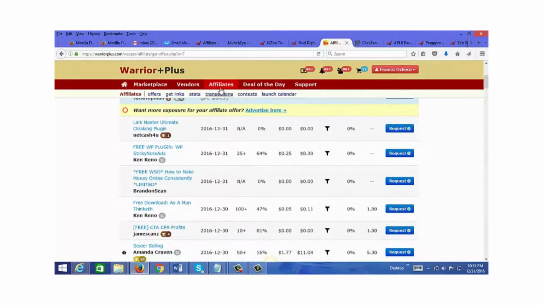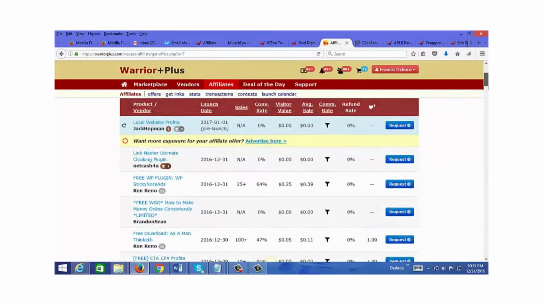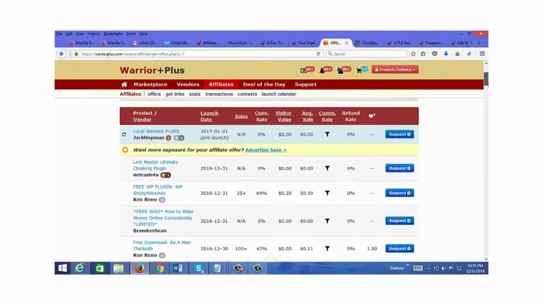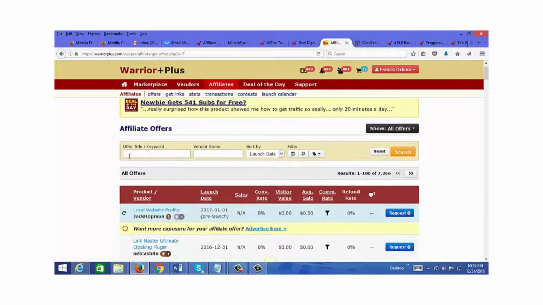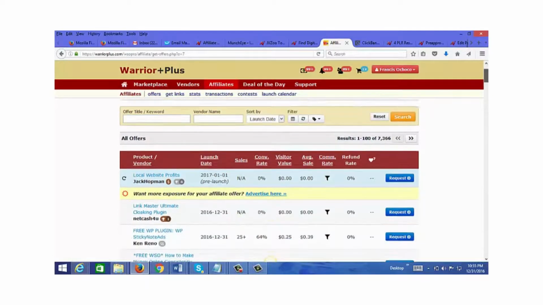Okay, you just go to the affiliate section and click on offers, and you will find some offers here. Okay, and that's sorted by launch date, but you could also sort it by sales and conversions. Okay, and again, you could just type in a keyword if you're looking for a more specific type of product.